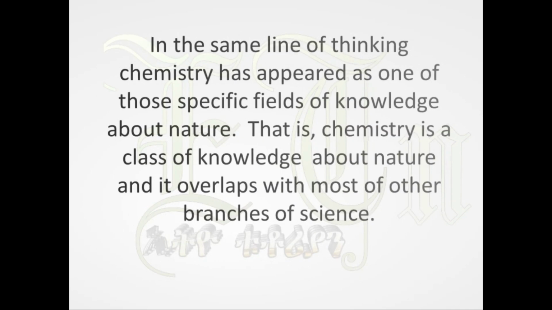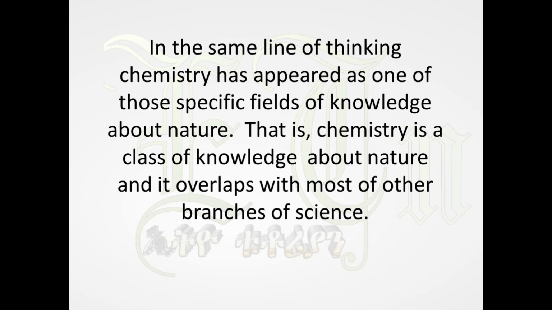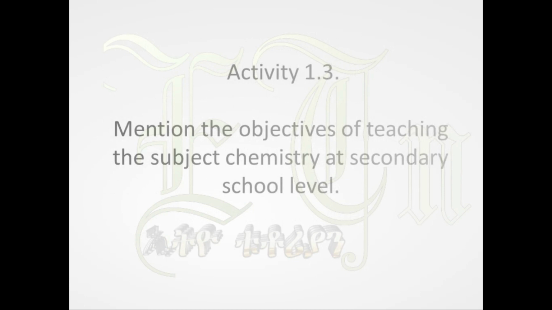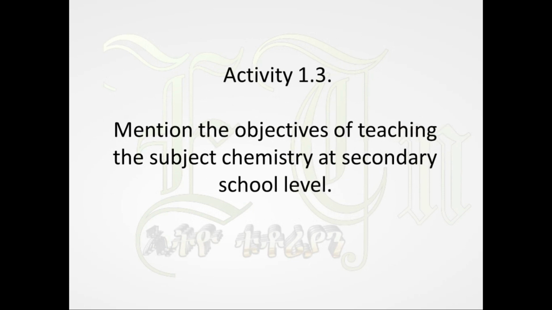In the same line of thinking, chemistry has appeared as one of those specific fields of knowledge about nature. That is, chemistry is a class of knowledge about nature, and it overlaps with most other branches of sciences. Activity 1.3. Mention the objectives of teaching the subject chemistry at secondary school level.